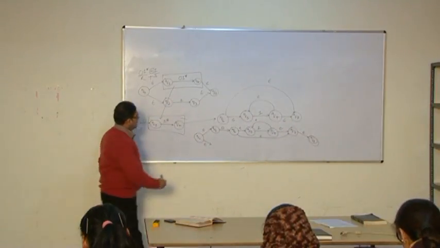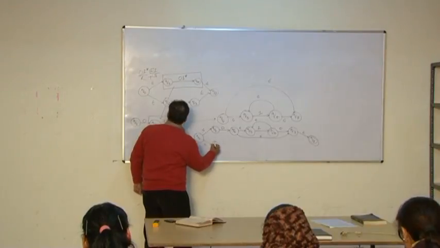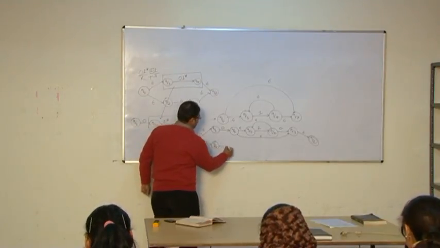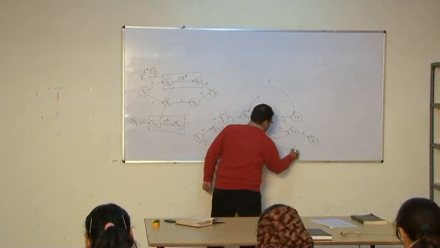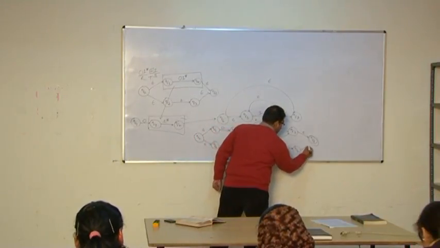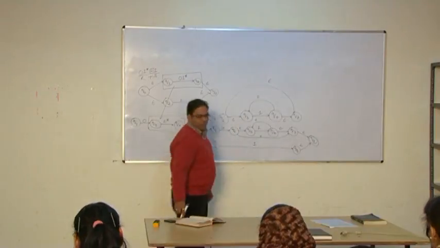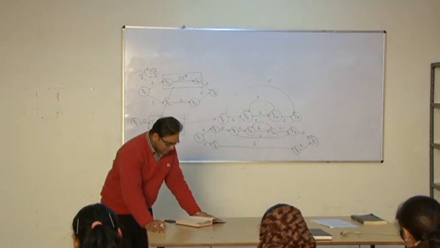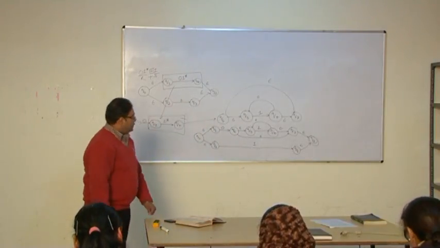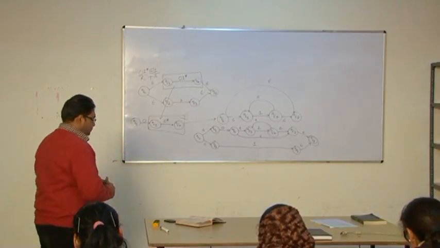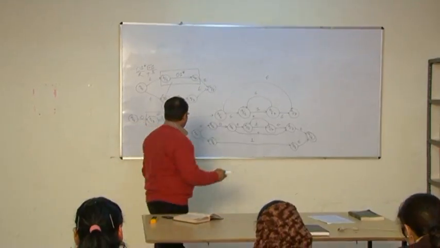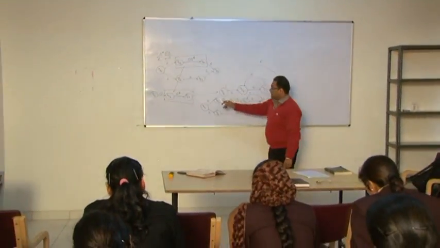Now this part we have moved to Q2, 1, Q3. So you want this type of one asterisk.